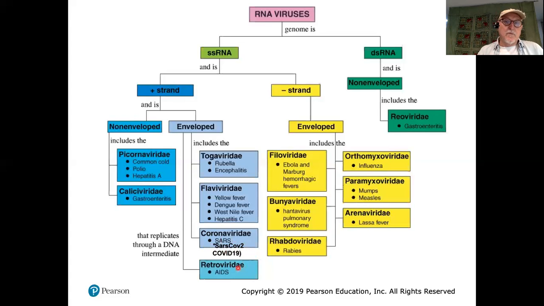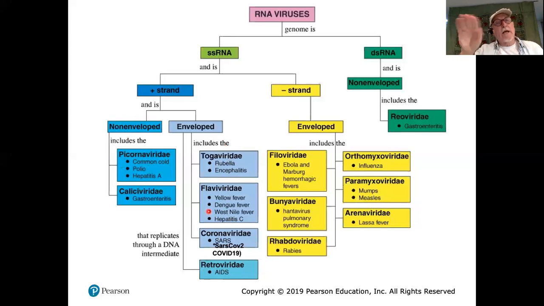The other group, which is of tremendous importance still, are the retroviridae. Now, these viruses are a little bit different. All of these viruses here, they just use their single-stranded RNA as the hereditary material as it is.